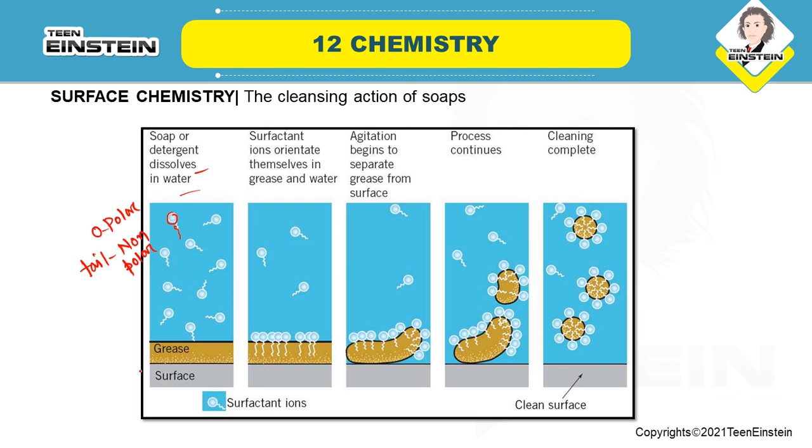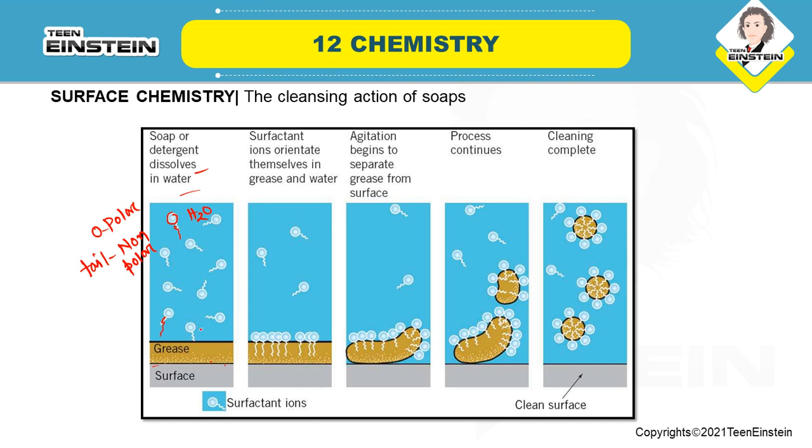So grease, which is non-polar in nature, and the surface on which this grease is attached. Now these molecules, the tail part will be attracted towards grease, because this blue region is actually water. So the spherical part, that is the polar part, will be attracted towards water.